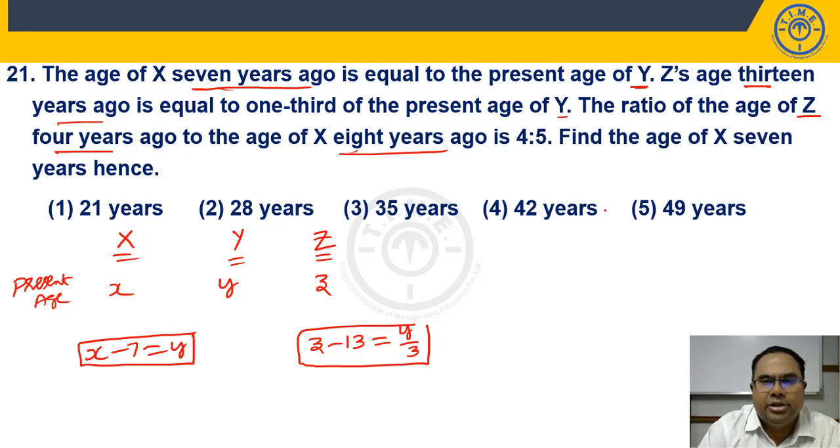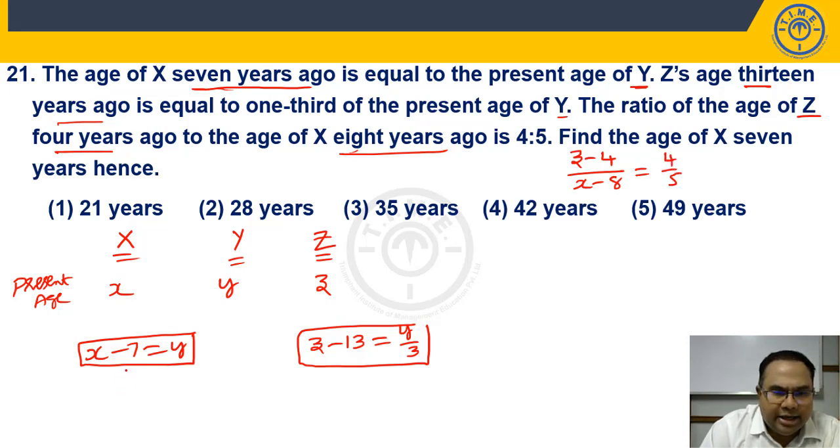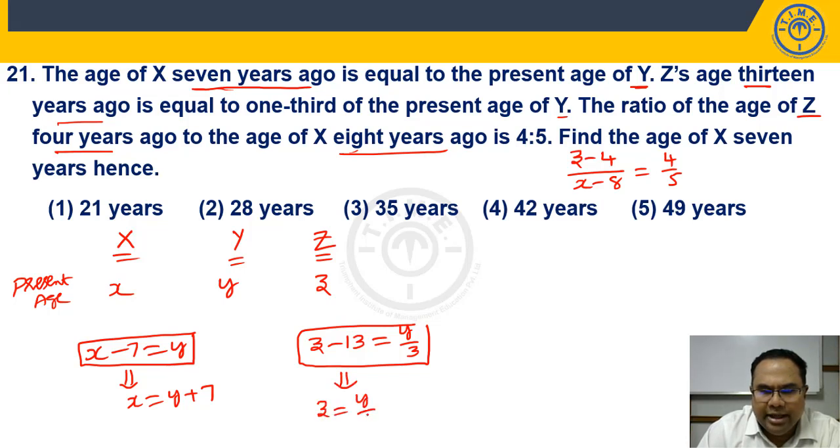Then we have ratio of Z 4 years ago, Z minus 4, by X 8 years ago, X minus 8, is equal to 4 by 5. Okay. X is equal to how much I can write from here? Y plus 7. Right. Z is equal to how much we can write? Y by 3 plus 13.